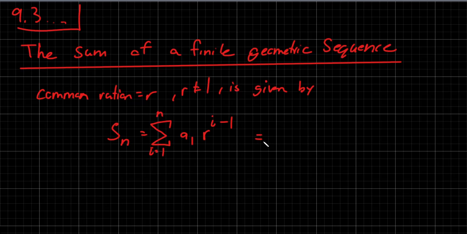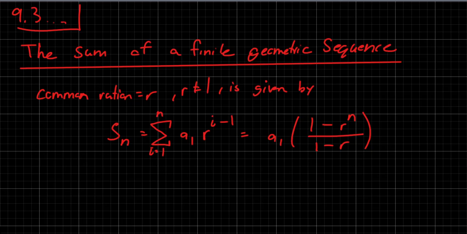This can also equal a nicer version of this formula: Sn equals a of 1 times 1 minus r to the n, over 1 minus r. That's a nicer version of this formula, because we're talking about finite geometric series.